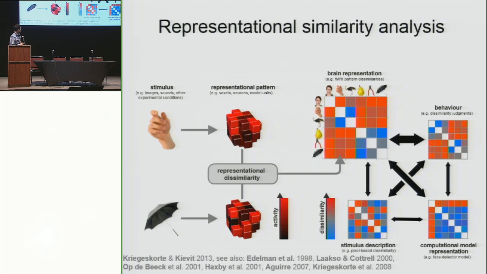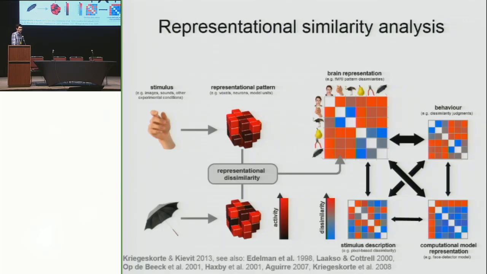So once we're in this format where we're comparing each stimulus to each other stimulus, we've abstracted from the voxels here. And this is very useful because it allows us to compare representational spaces, for example, between fMRI voxels and single unit recordings, or between fMRI voxels and the units of a computational model, or between fMRI and MEG, or between two different regions in the same person's brain, or between two different individuals.